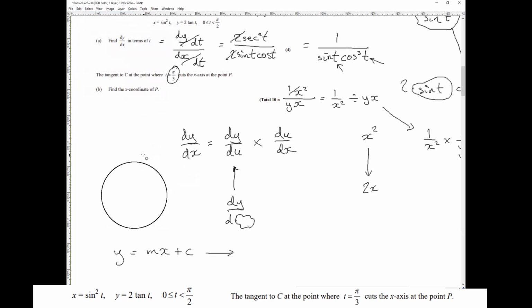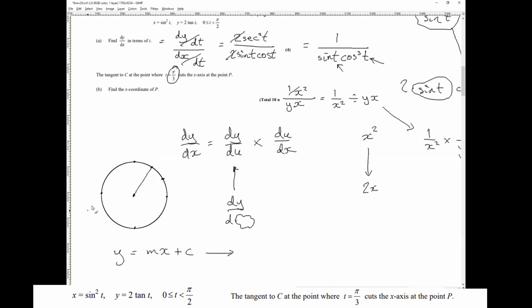Is it 1 o'clock? 1 o'clock, good. So going from 3 o'clock up to 1 o'clock is pi over 3, because 9 o'clock would be the whole of pi. And we want to know the sine, and in a minute the cos, of that angle there.